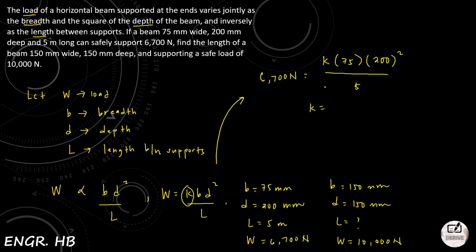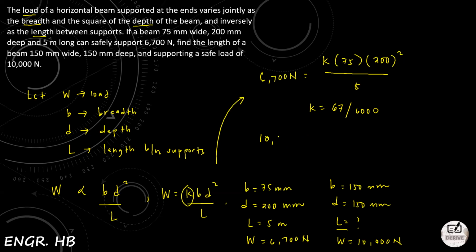So our constant is 6,700 times 5 divided by 75 divided by 200 squared. So that was 67 over 6,000.